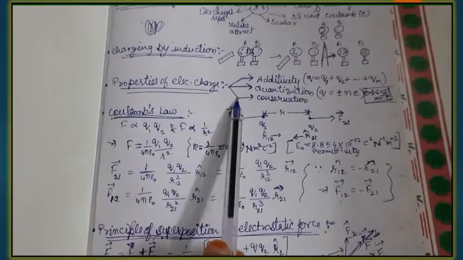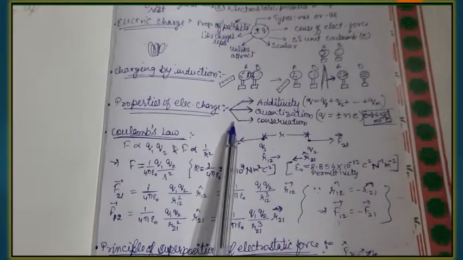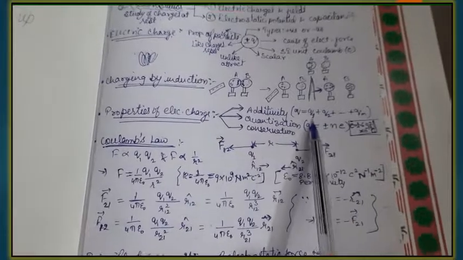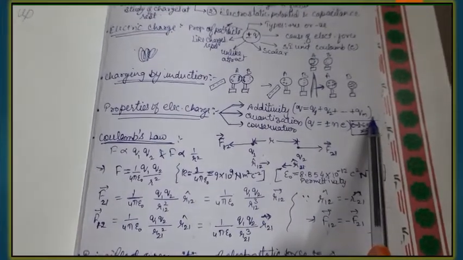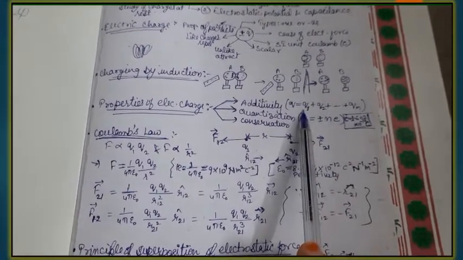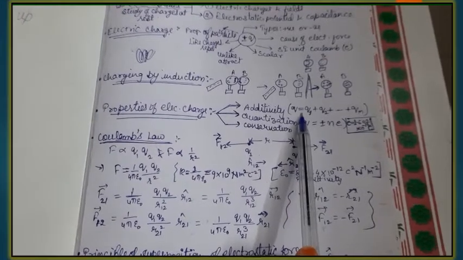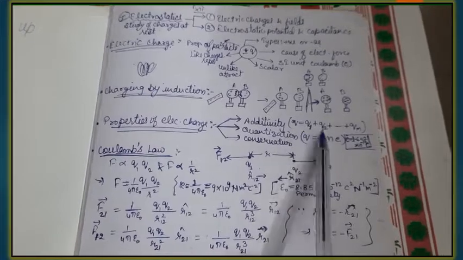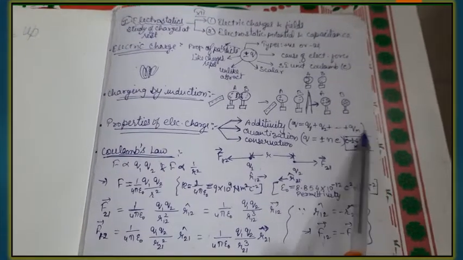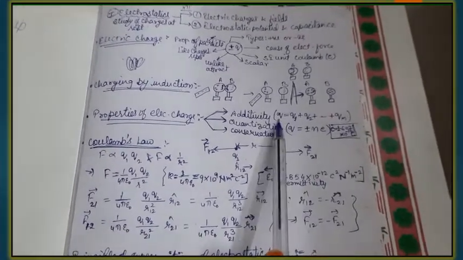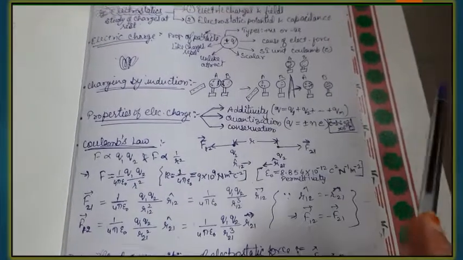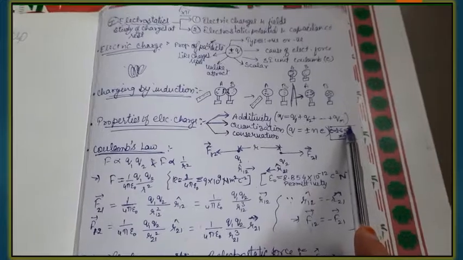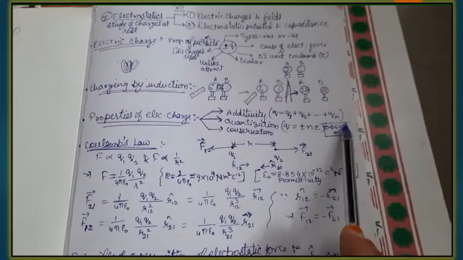A few important properties of electric charge. Additivity. Additivity means electric charges can be added to each other. Suppose in a region of several charges, you are having n number of charges, which are q1, q2, q3 and qn respectively. Then in order to find the total charge in that region, you have to sum up the charges, add them up.